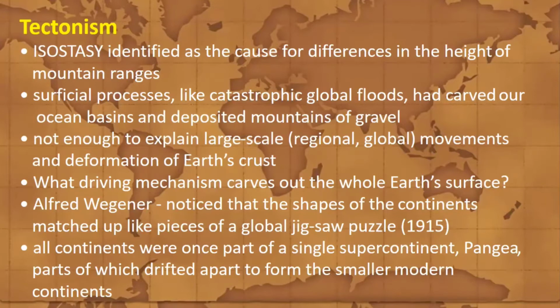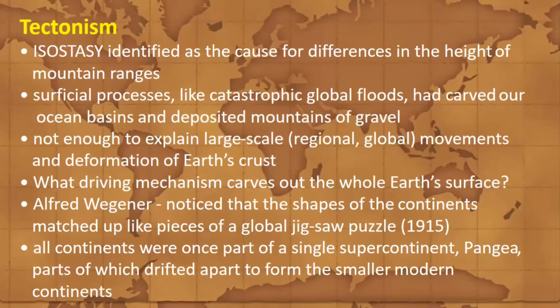Alfred Wegener noticed that the shape of the continents looks much like pieces of a global jigsaw puzzle. Do you know what a jigsaw puzzle is? He noticed that the shape of the continents matches up like a jigsaw puzzle.